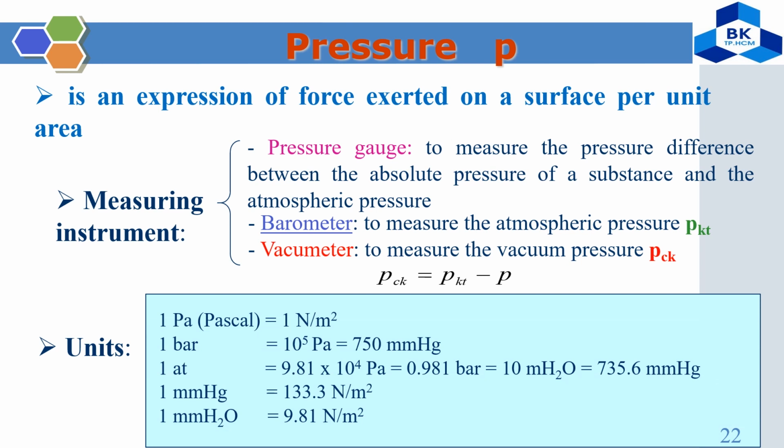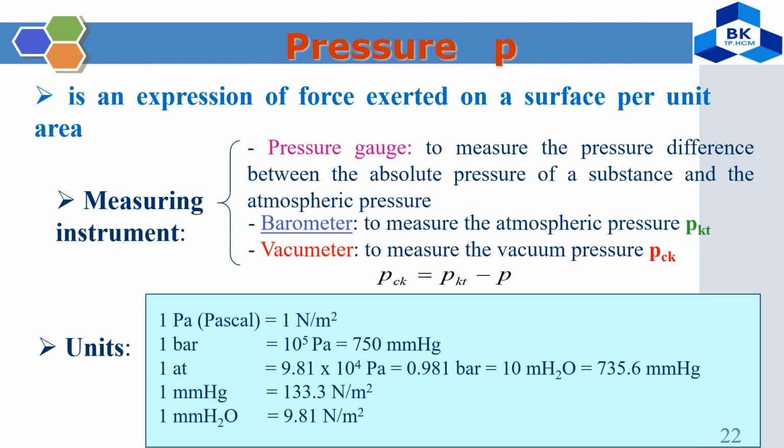And again, for pressure we have different units. In thermodynamics, the official unit of pressure is the Pascal, which equals one Newton per square meter. Another unit of pressure is the bar. One bar equals 100,000 Pascal, or is equivalent to 750 millimeters of mercury.